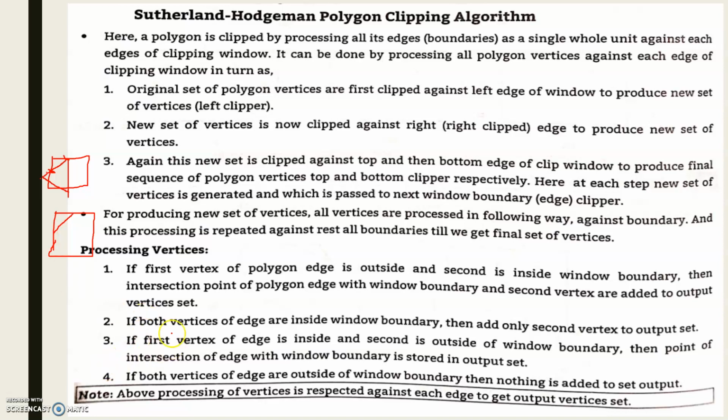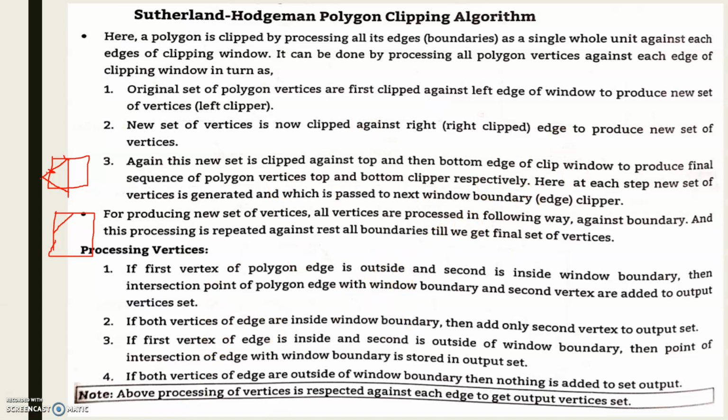If both vertices of the edge are inside the window boundary, then add only the second vertex to the output set.